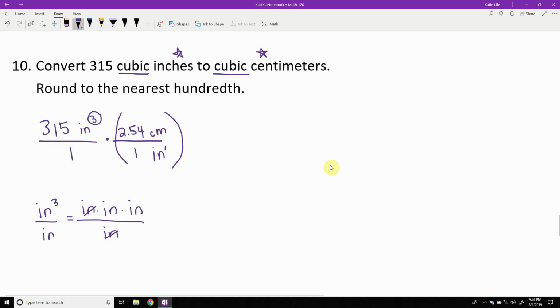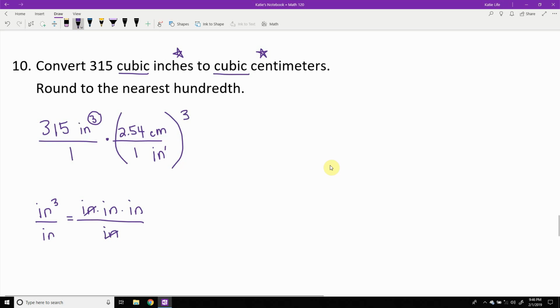In order to have a true cancellation between cubic inches and inches to the first degree, I need to cube this entire ratio, right? Because I can't just pick a part of the fraction to raise to a power. If I'm going from linear units to cubic units, to something that is involved in volume, then I need to raise the power on both of these things, right?